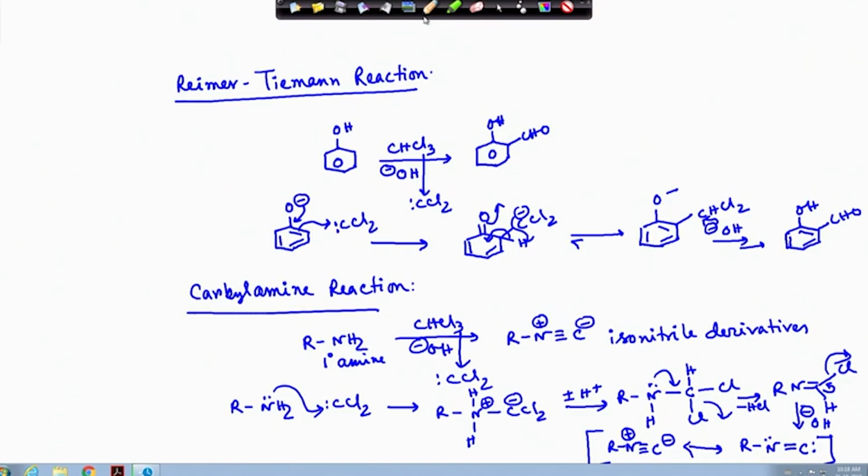In case of the Reimer-Tiemann reaction, we have used this phenol which has been converted into salicylaldehyde in presence of chloroform and sodium hydroxide or potassium hydroxide, whereas in case of the carbylamine reaction, we have started with a 1 degree amine that will convert into its isonitrile derivative, and that is also going via this dichlorocarbene species. So, with this I am finishing the various reactions of carbene. Thank you.